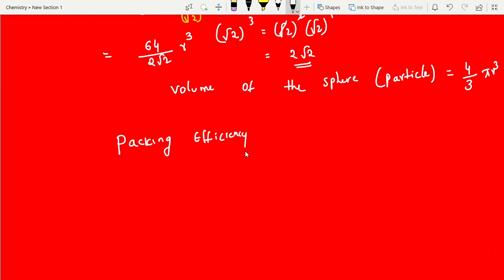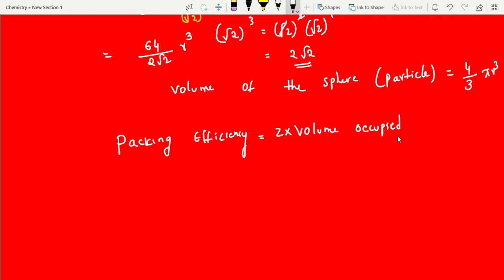Packing efficiency equal to volume occupied by 4 spheres in the unit cell. Or else you can write like this also: Z into volume of the particle by total volume of the unit cell.